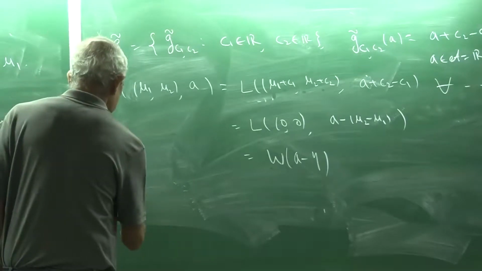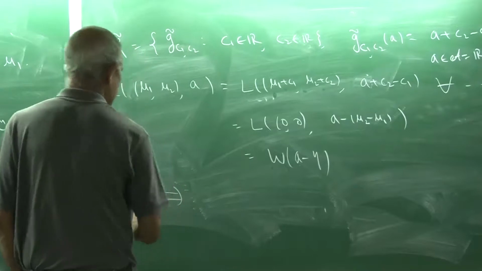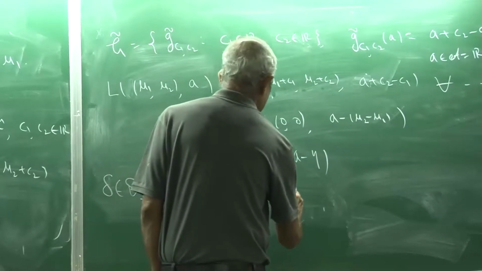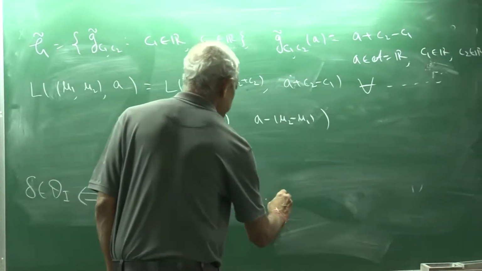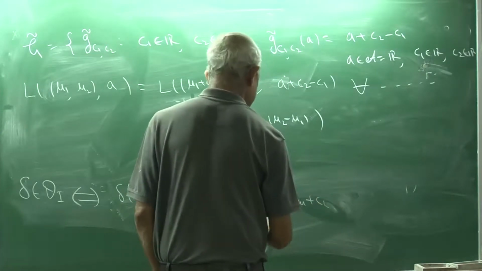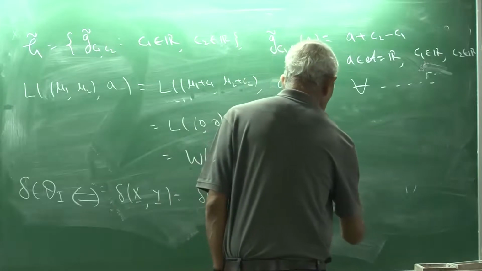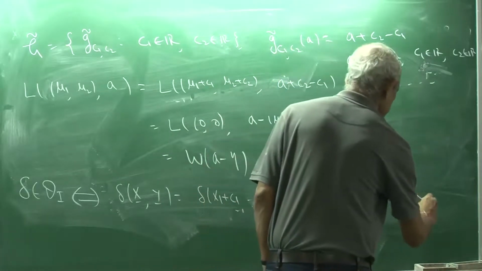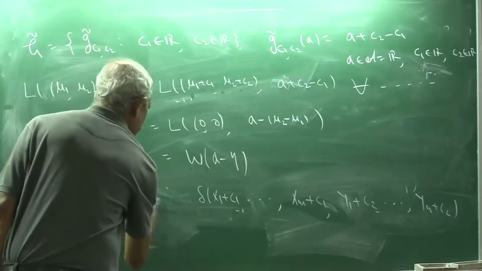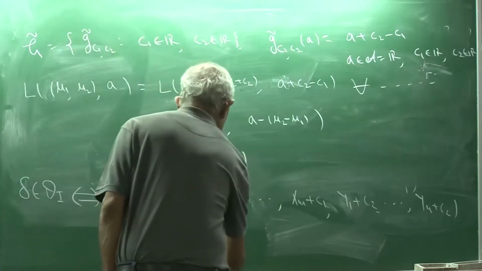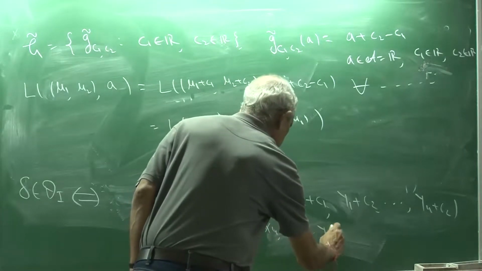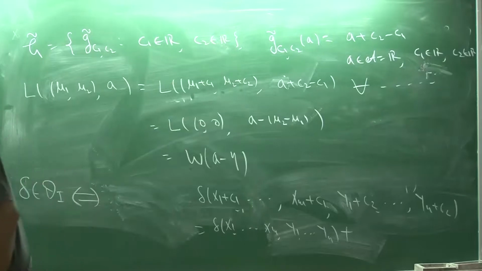So delta belongs to Di if and only if delta of the transformed data, x1 plus c1 through xm plus c1, y1 plus c2 through yn plus c2, is the same as delta of x1, x2, ..., xm, y1, y2, ..., yn plus c2 minus c1.